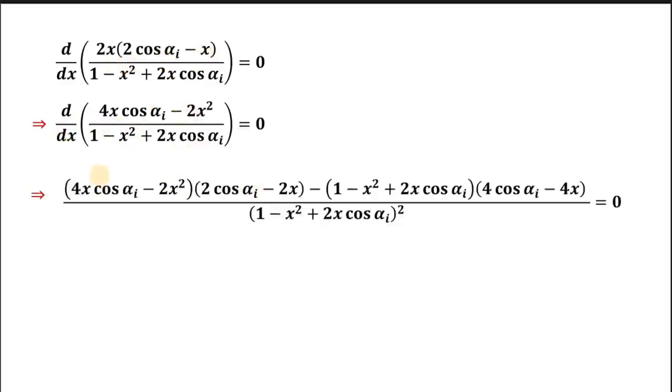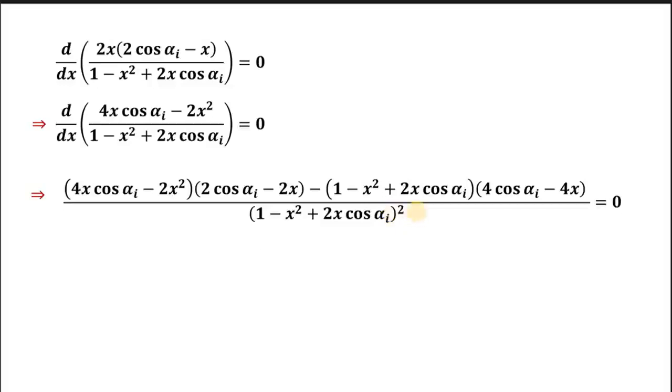The division rule is clear, hopefully. This term comes as it is. Now the differential of this term is this one, minus this term as it is, into the differential of this term, divided by the denominator squared.